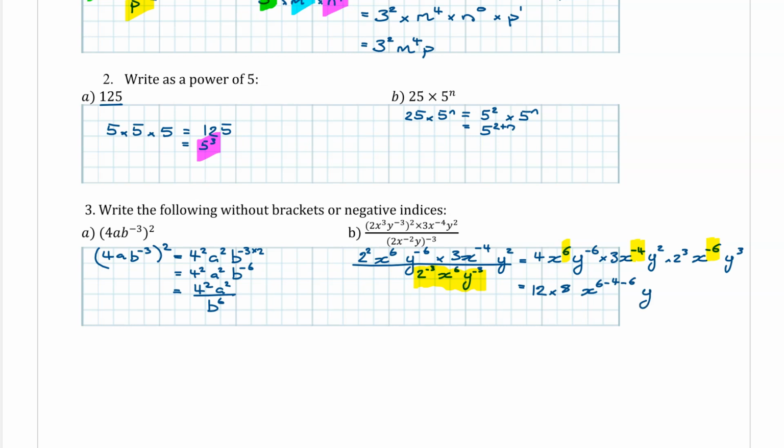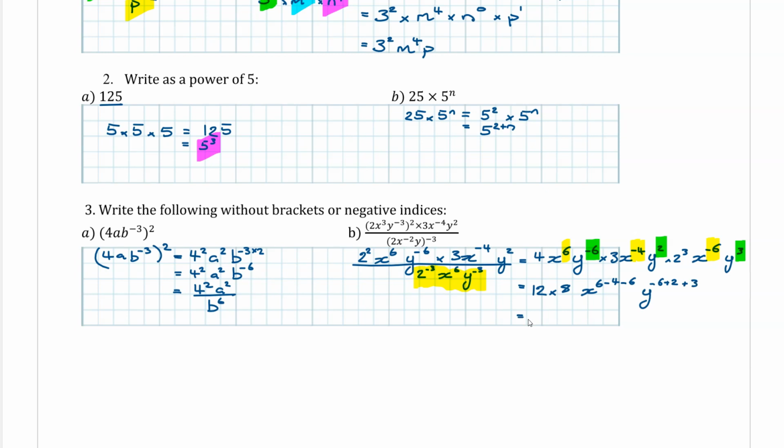Then we have to deal with our y's. So the negative 6 here, the 2 and the 3. So it will be negative 6 plus 2 plus 3.